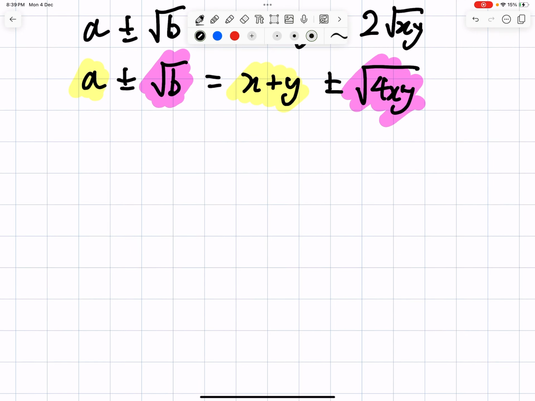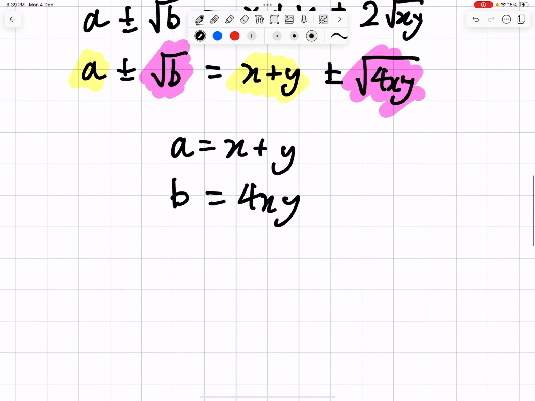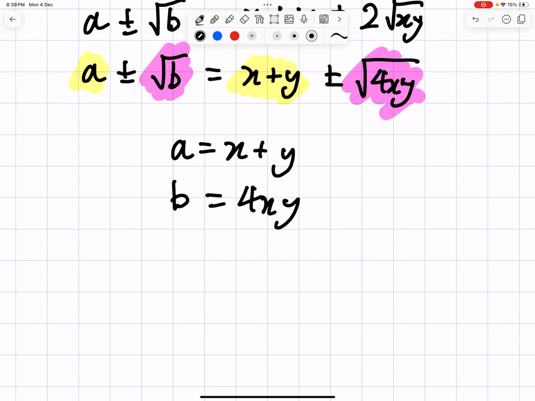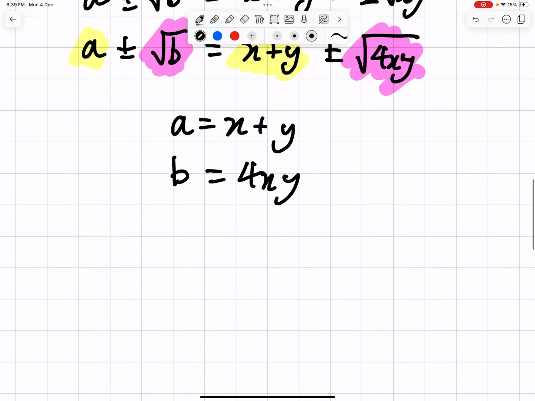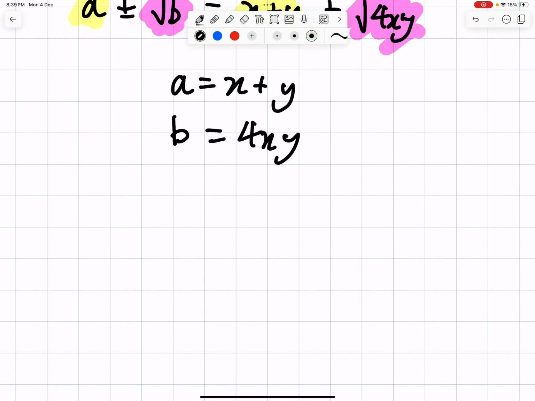So we can just create the equations a equals x plus y and b equals 4xy. And then we can write furthermore xy equals b over 4.